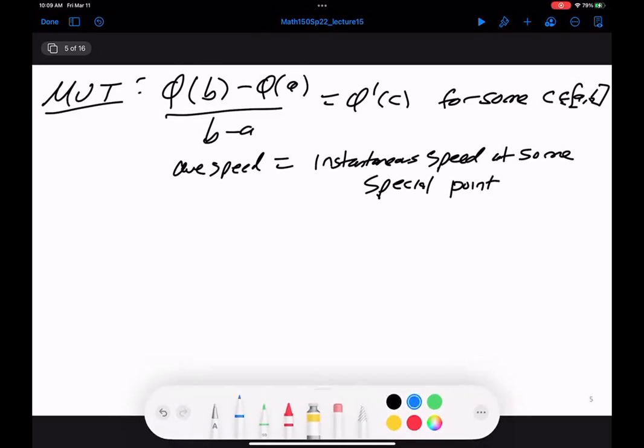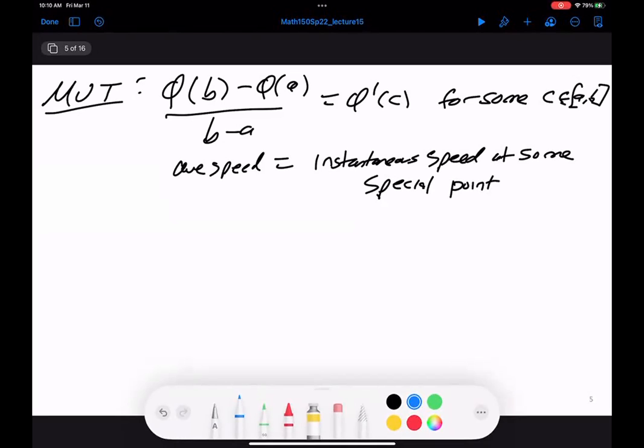We don't know where that special point is. For a lot of things in pure mathematics, it's actually okay that we don't know where that special point is. We just need to know it's such a special point, and we can make these arguments.